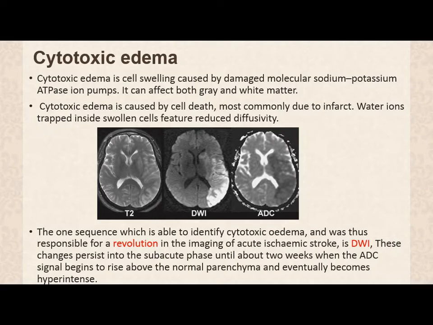Okay. What will happen is that the sodium potassium pump will start to fail, and the water will flow from the intracellular to the extracellular compartments, and this will result in the edema. It is best detected by the diffusion weighted imaging and the ADC, the apparent diffusion coefficient map.